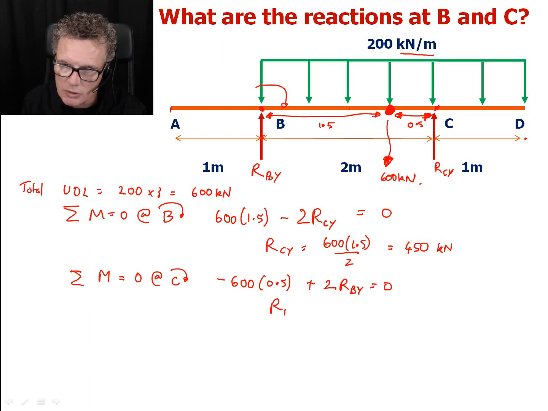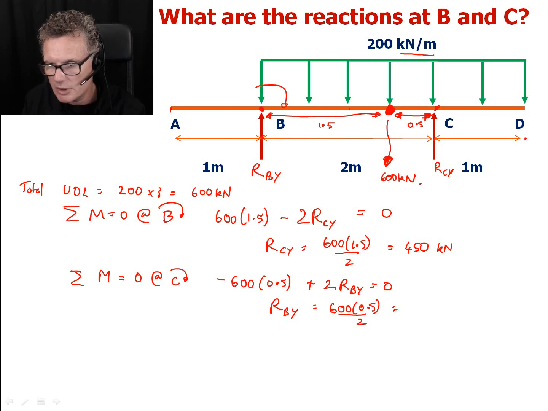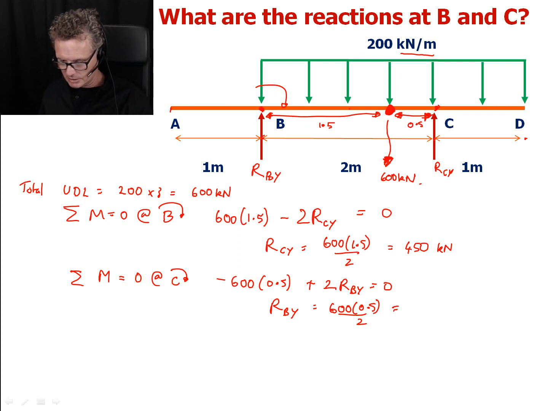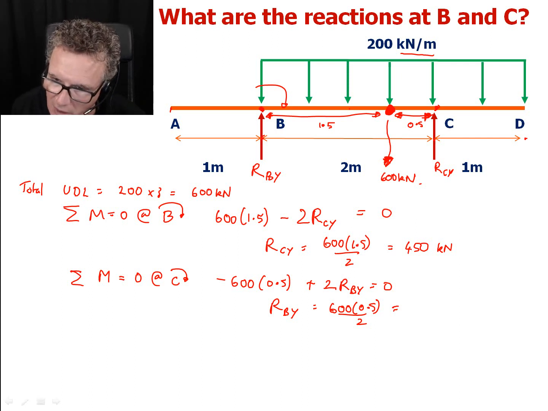So 2 RBY equals, when that goes over to the right hand side it becomes positive, 600 times 0.5 divided by 2. I can work that out in my head: 600 times 0.5 gives me 300, divided by 2 gives me 150.